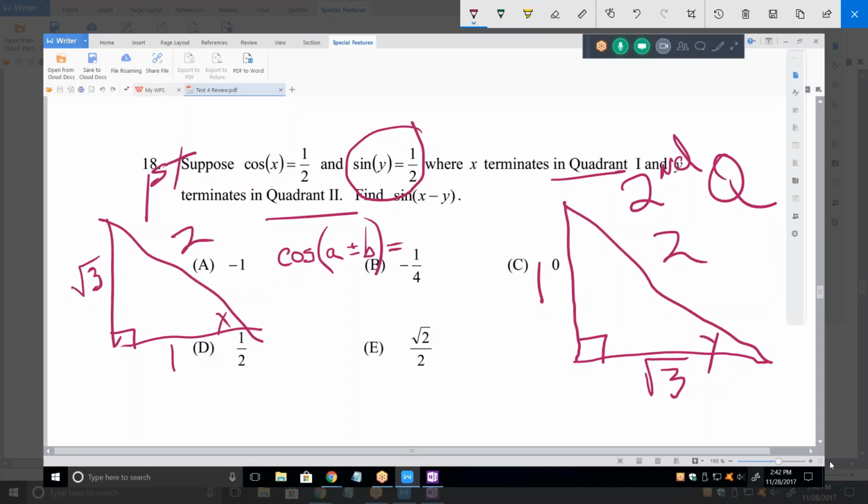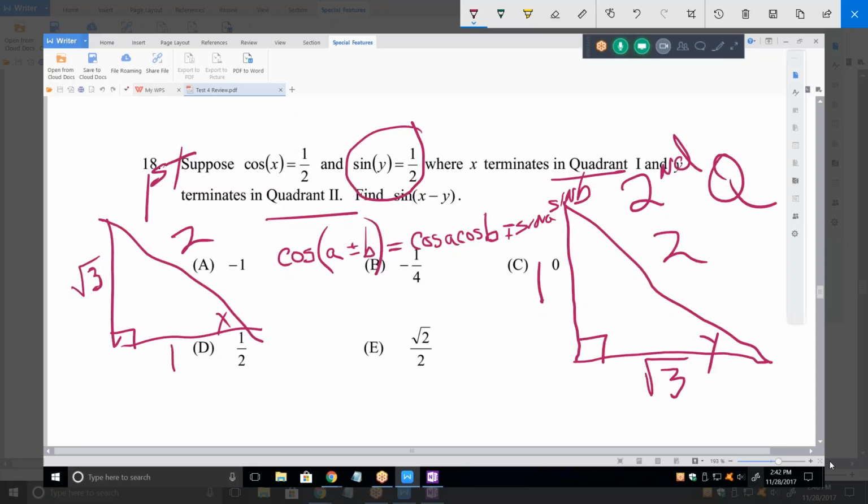You know what that is? No. Well, it's got two cosines and two sines in it. First one is cosine, cosine, opposite, minus or plus, sine, sine.